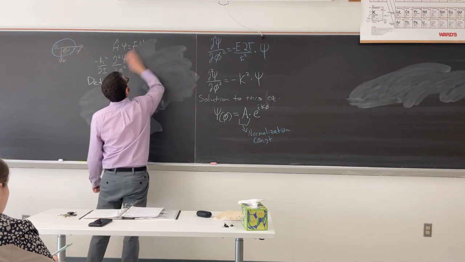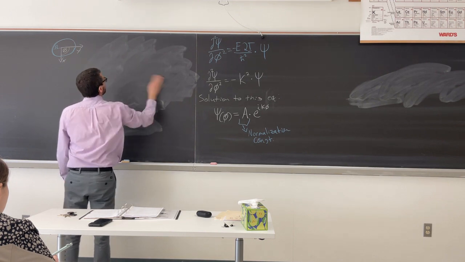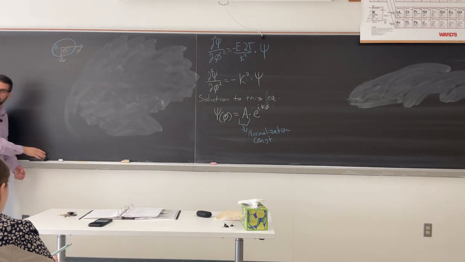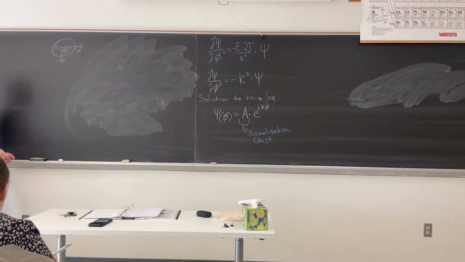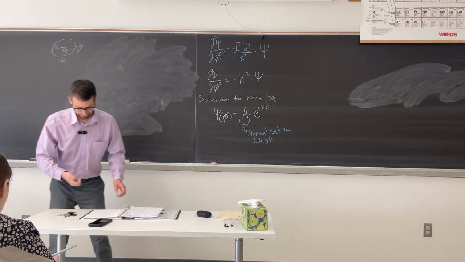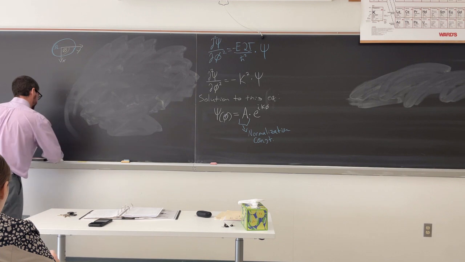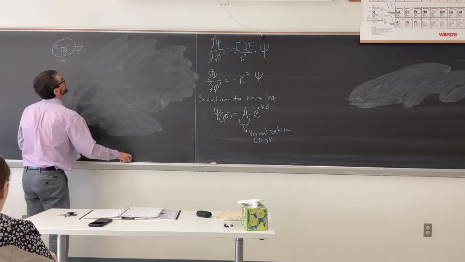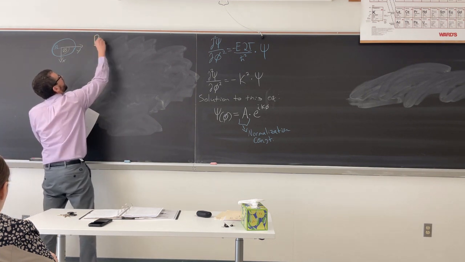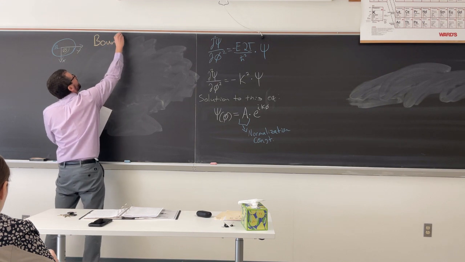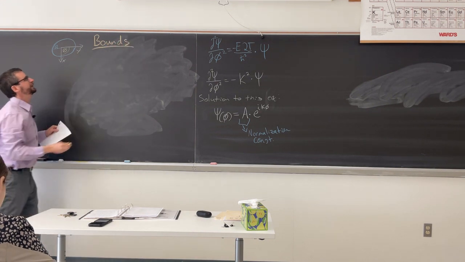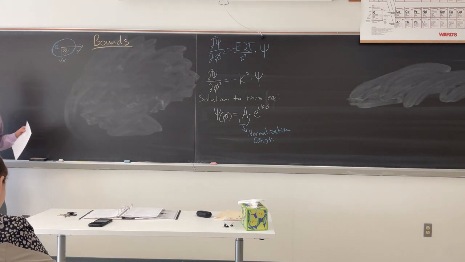And we have to make sure, one, our wave function's continuous, from the postulates of quantum mechanics. So let's consider some bounds. Try this one. I don't really like that color, but this chalk feels good.